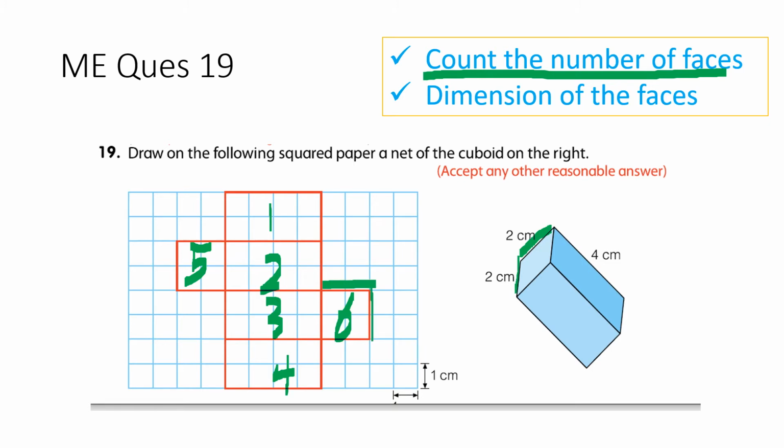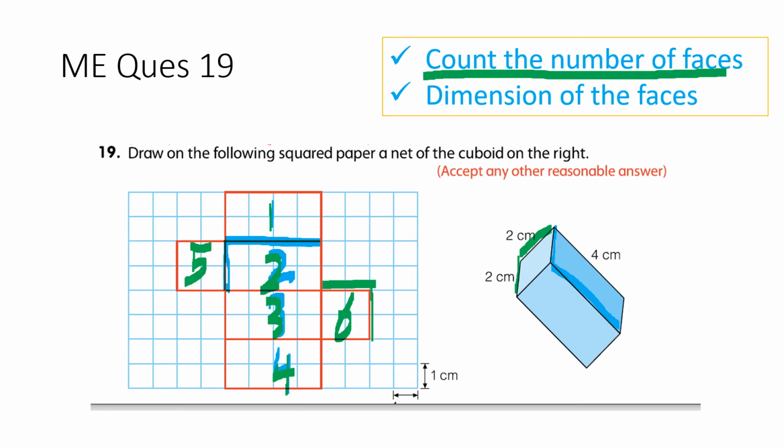Another face will be 2 cm by 4 cm. So we have 2 cm by 4 cm. Okay, 1, 2. And at the back, there's another 2. So you should have 4. Okay, 1, 2, 3, 4 faces with dimensions 2 cm by 4 cm. And the remaining 2 will be 2 cm by 2 cm.